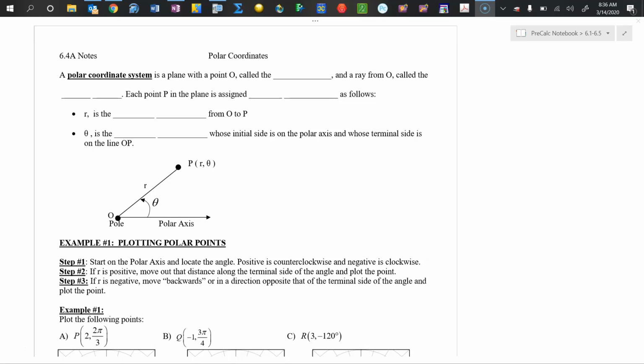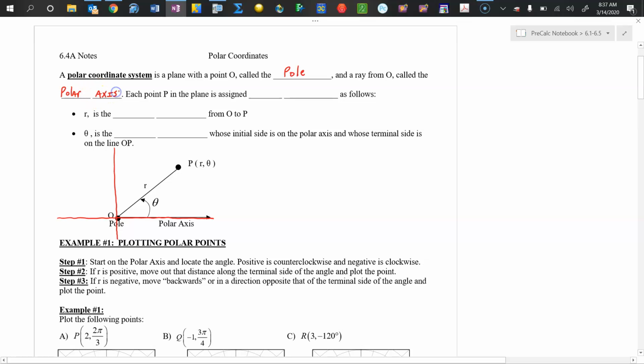To do that, we're going to draw in the x and the y axis, and you will see that the x and the y axis, which meet at the origin, is also the location for the pole. We call that point the pole in a polar coordinate system, and from that pole extends a ray along the positive x-axis, which we call the polar axis.